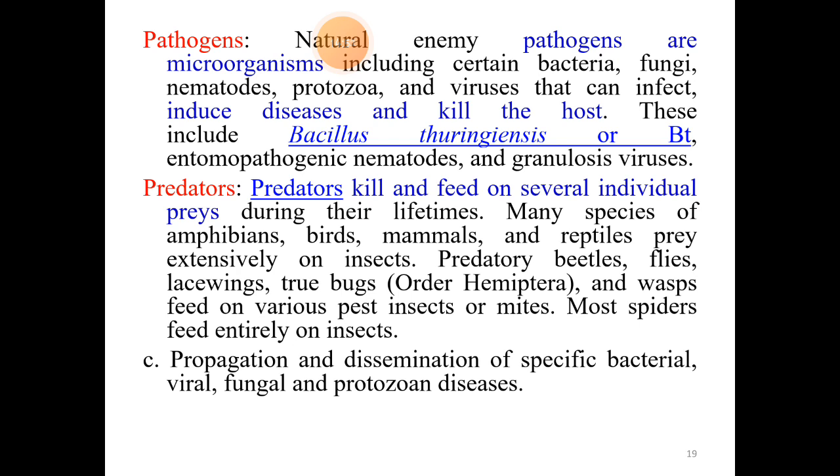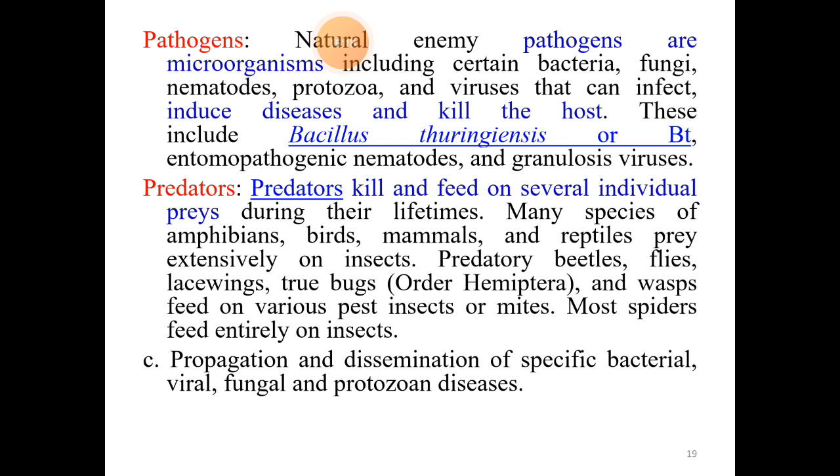Pathogens are microorganisms like bacteria, fungi, protozoans, and even some of the viruses that induce diseases in the pest organisms. Bacillus thuringiensis, then granulosis virus are the best examples for it.